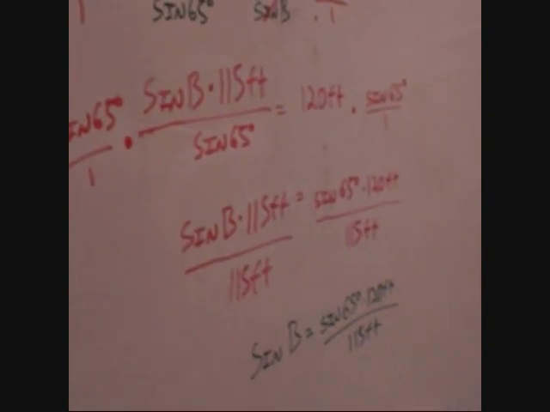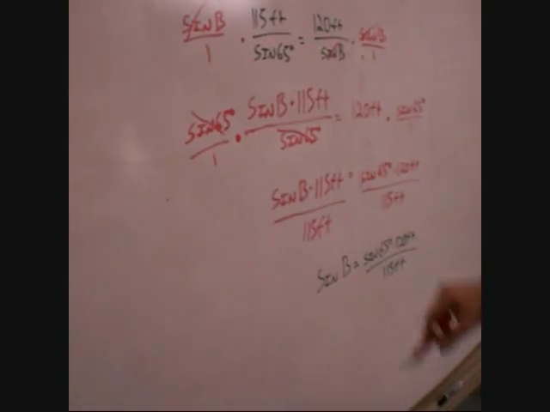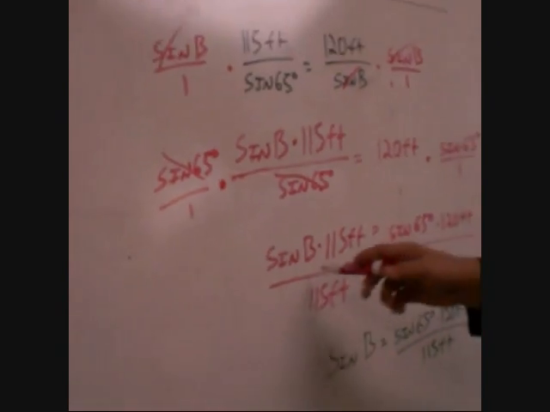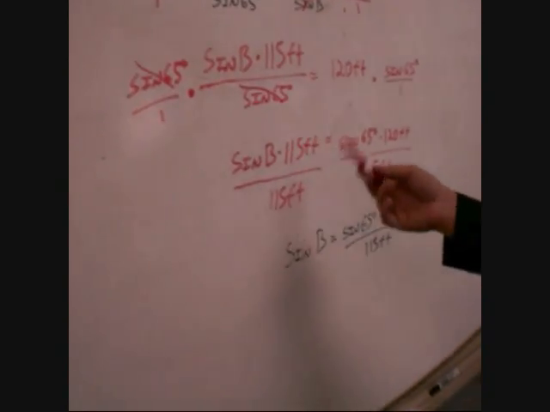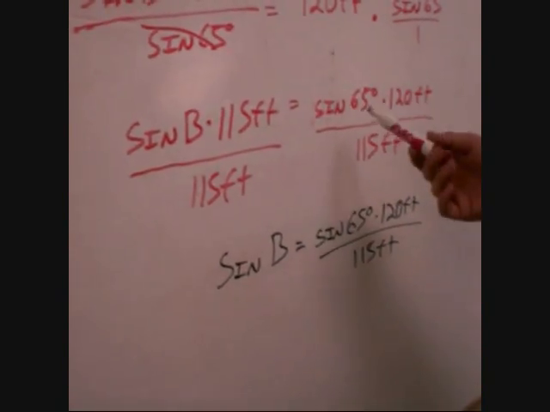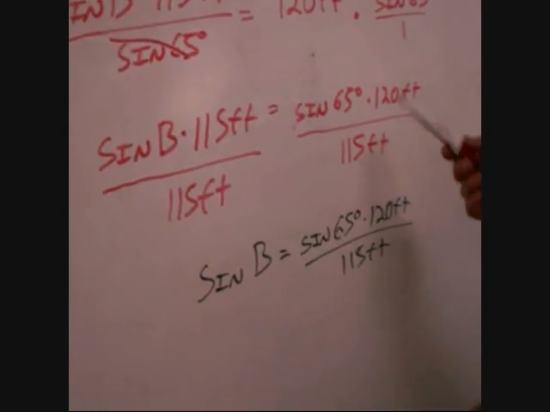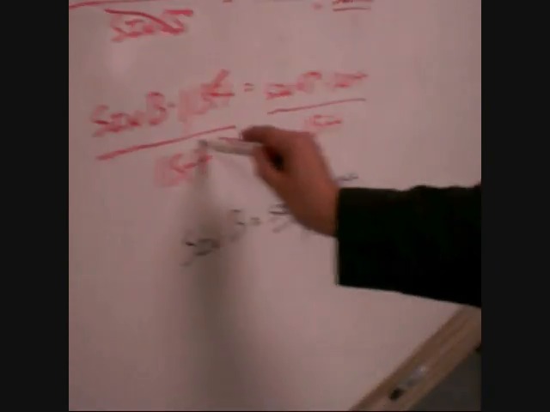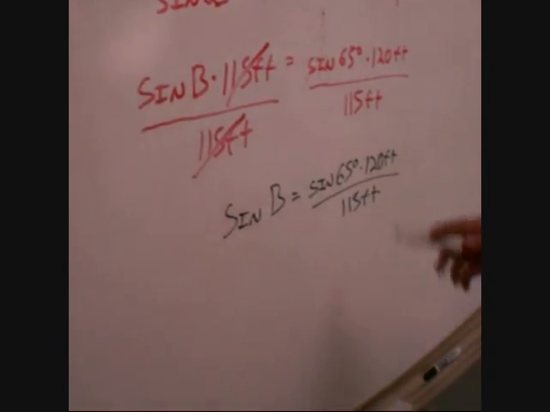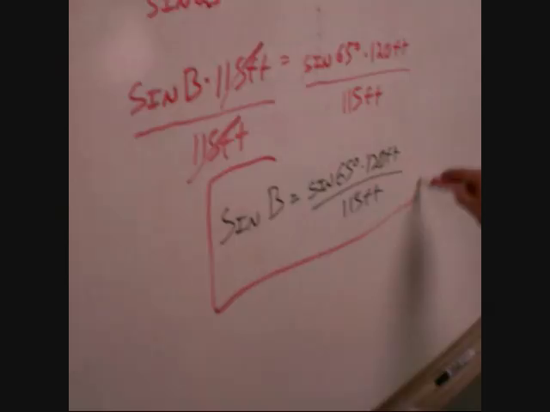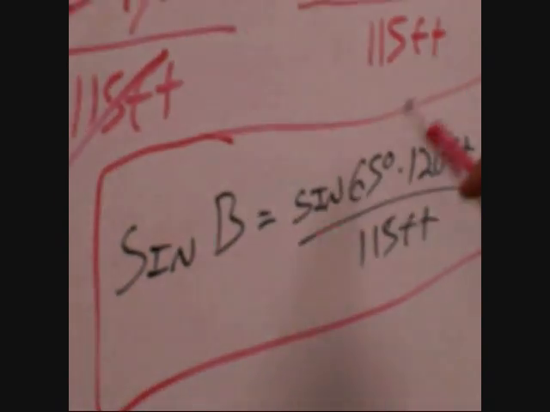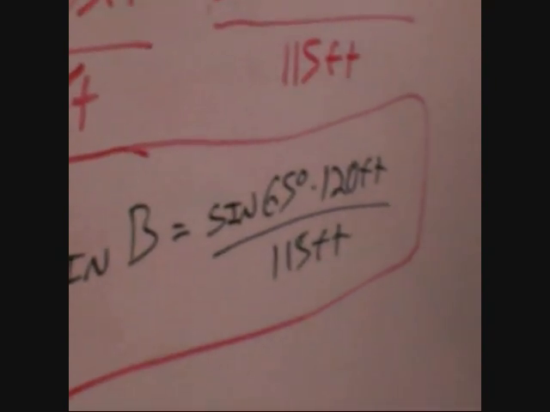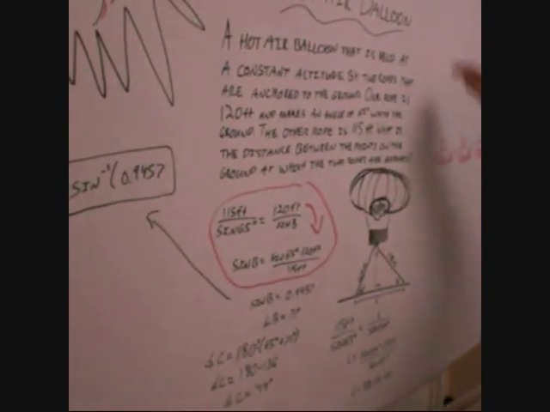From there you multiply by sine 65 on both sides, which leads to sine of B times 115 feet equals sine of 65 times 120. From there you divide by 115 feet on both sides, and your final answer comes to sine B equals sine of 65 degrees times 120 over 115, which can help you to figure out the problem.